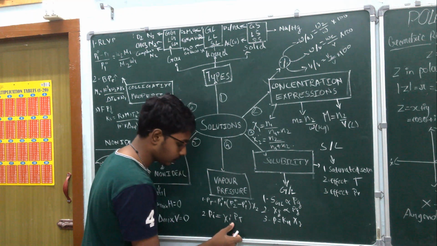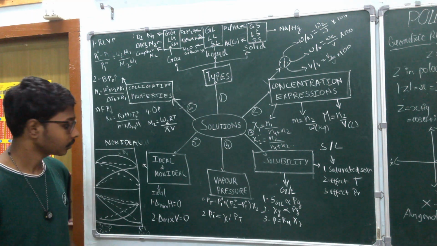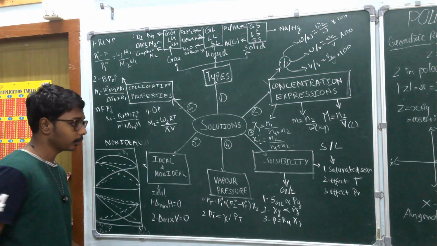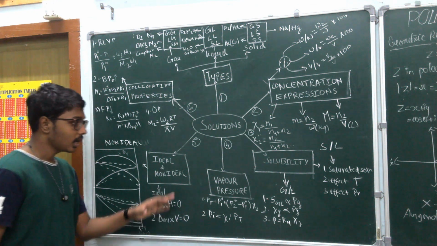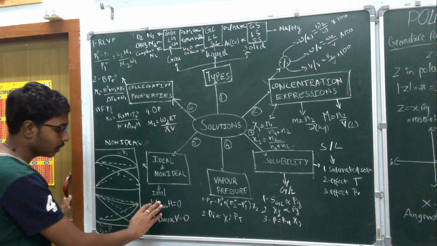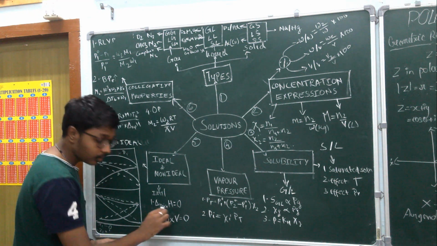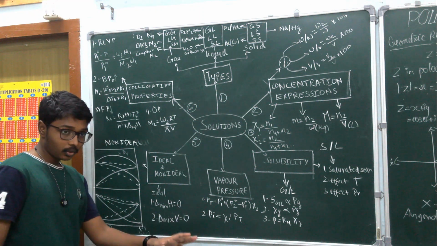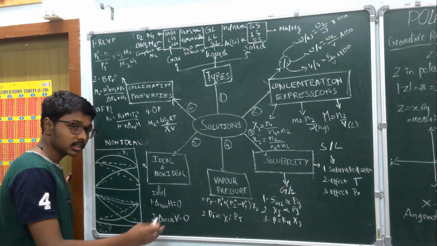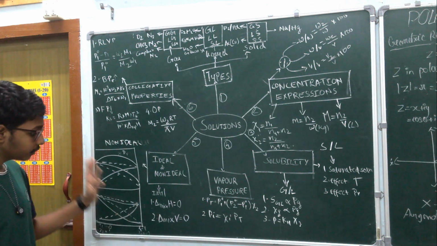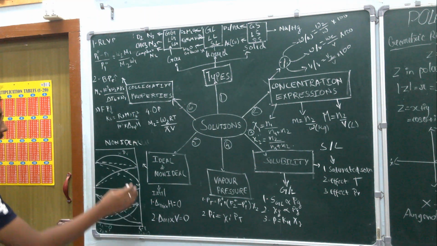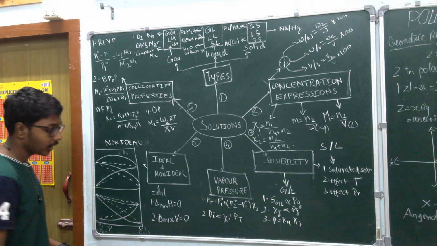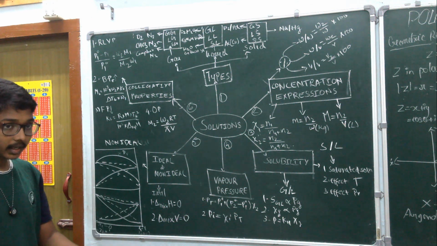Now, the fifth major topic is ideal and non-ideal solutions. First is ideal solutions. We take the enthalpy of mixing as 0 and the volume of mixing as 0. If this is satisfied by the given solution, it is called an ideal solution. Non-ideal solutions are categorized into positive and negative deviation.